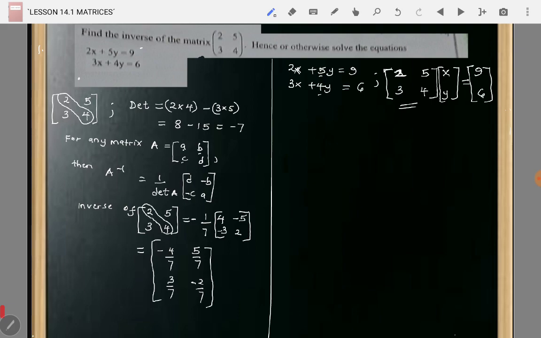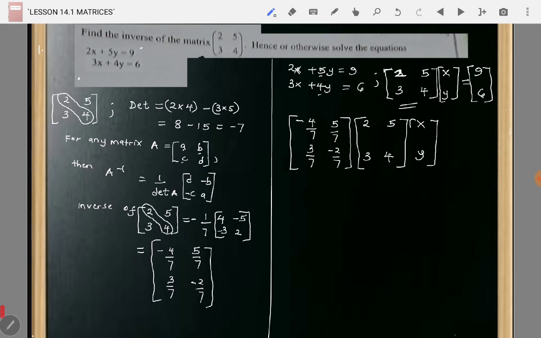To pre-multiply means we start by writing the inverse first. So when you pre-multiply, we are going to have 4 over 7, negative 5 over 7, negative 3 over 7, 2 over 7. This is the meaning of pre-multiplying. Because we are writing this first, then we write 2, 5, 3, 4. And because you're solving an equation having x and y, we must write x and y.